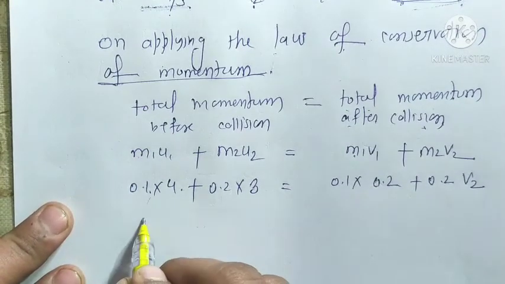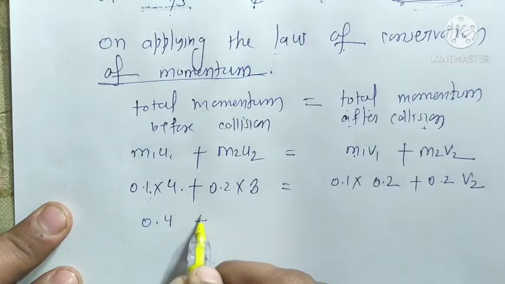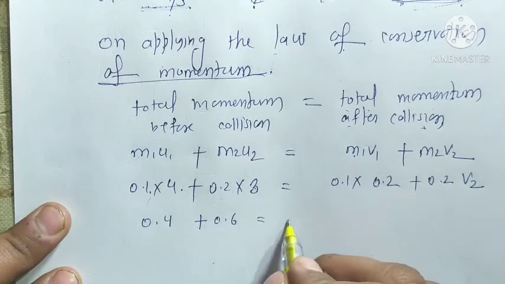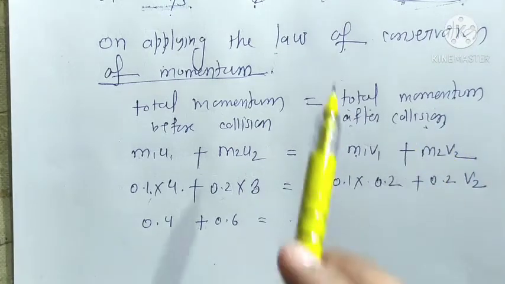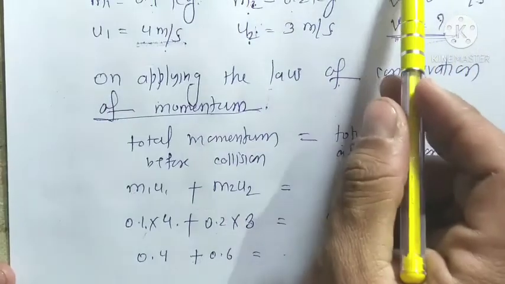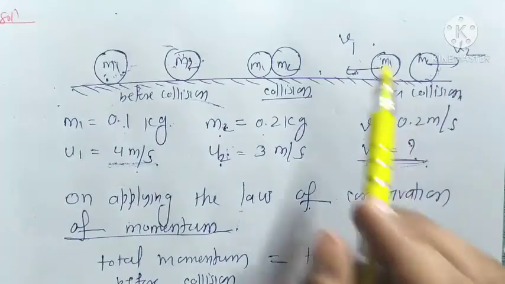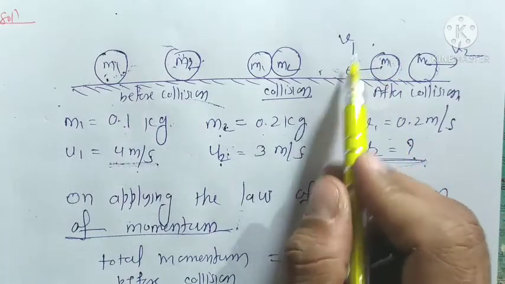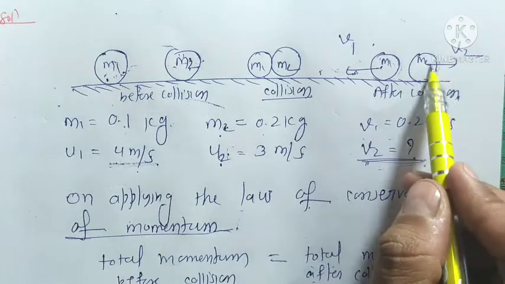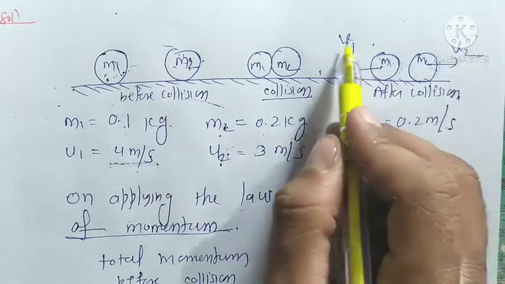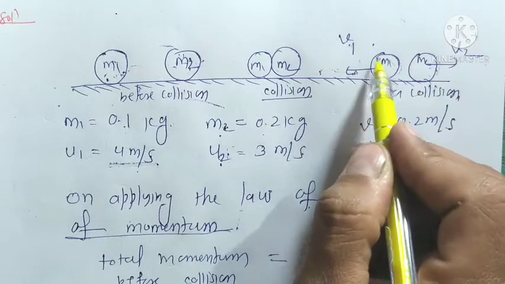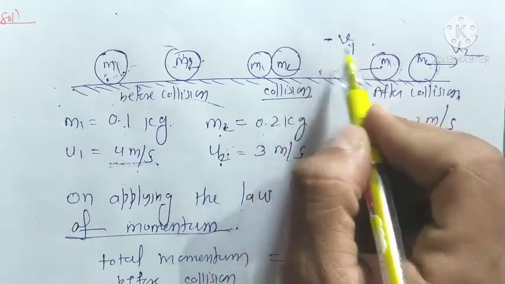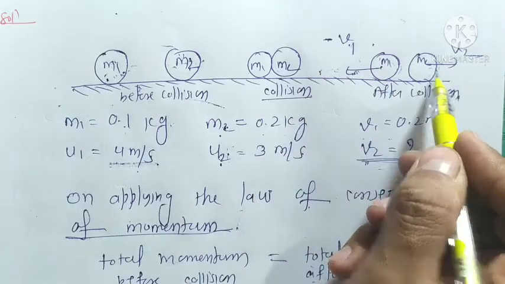So this is 0.4 plus 0.6. After collision, the first body returns back with velocity v1 and the second body moves with velocity v2. The direction of v2 is positive, and we take the direction of the first body's initial motion as positive. Since it returns back, we take a negative sign, as the directions of the two velocities are different.